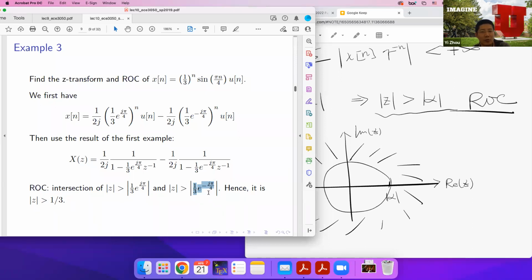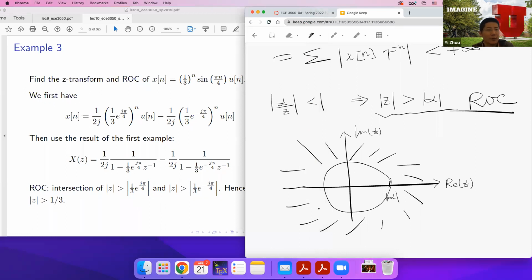So in the end, these two ROCs are the same. The overall ROC is simply magnitude bigger than 1/3. So it's the outer part of the circle with radius 1/3.